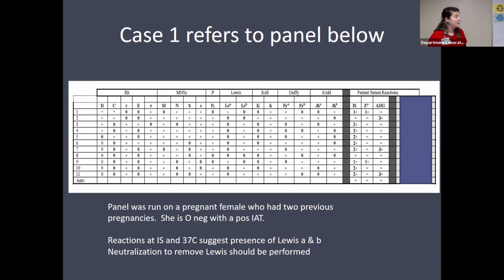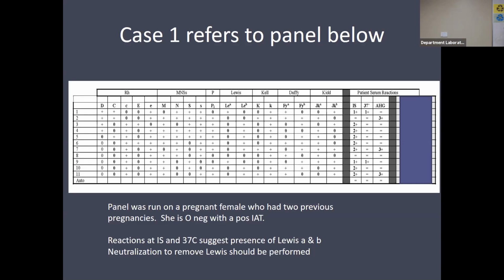Okay, so Lewis B, notice Lewis B is on panel cell 3, 4, 5, 6, 7, and then 10 and 11. What else? That doesn't explain panel cell 1 or panel cell, was that 9? Panel cell 9.